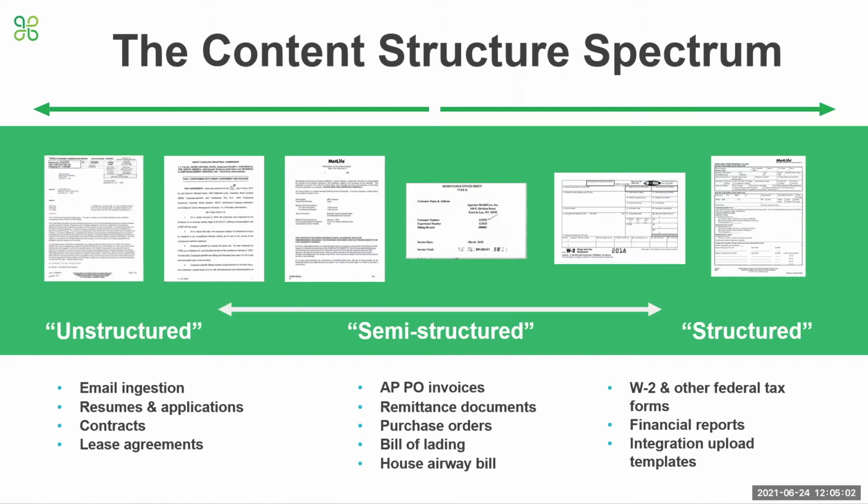Semi-structured data relates to things such as invoices, remittance documents, purchase orders, and bill of ladings. Although the formats may differ, there's some consistency to how the data is formatted. And lastly, we have structured data, which refers to things such as financial reports, federal tax documents, or other forms that are static and don't change much.